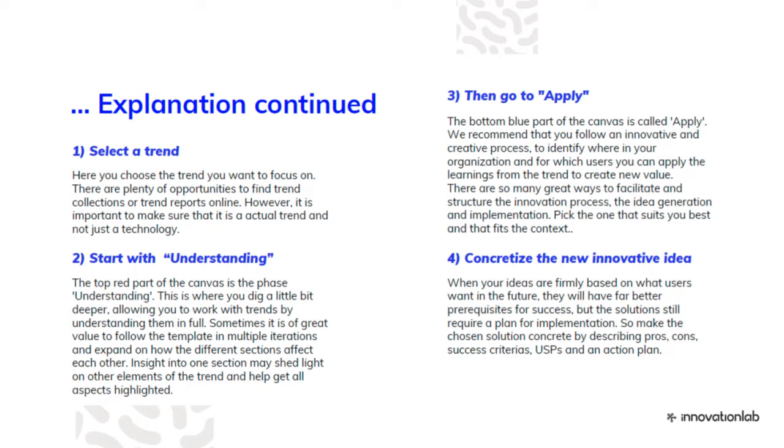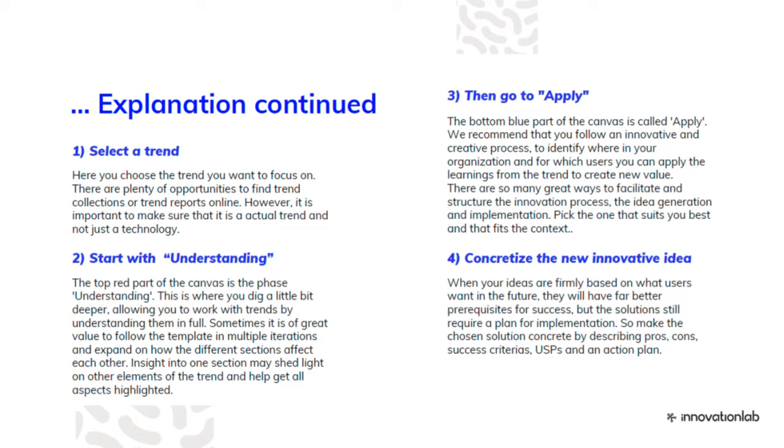Then you start with understanding, the upper part, that is to say, understanding of the trend. Work through the template using several iterations, and put emphasis on how the various sections affect each other. Insight into one section can shed light on other elements of the trend and thus help with getting all the aspects highlighted.